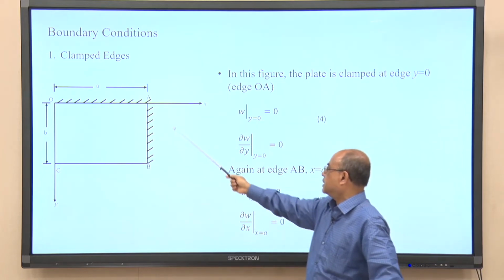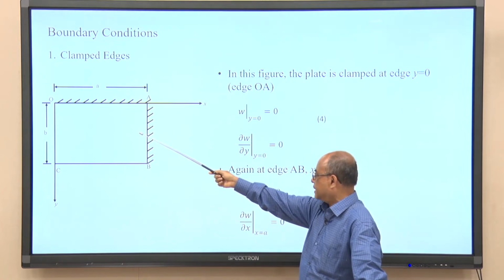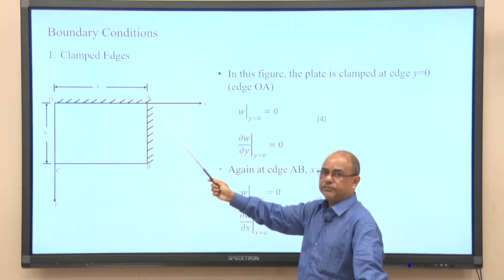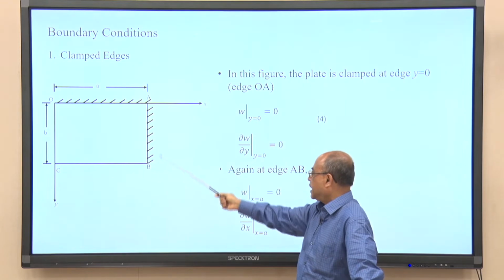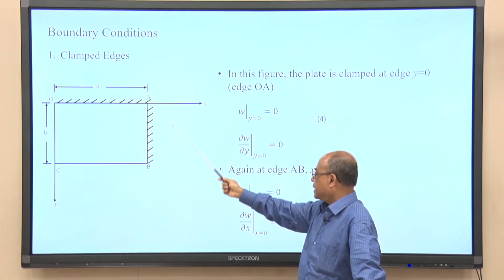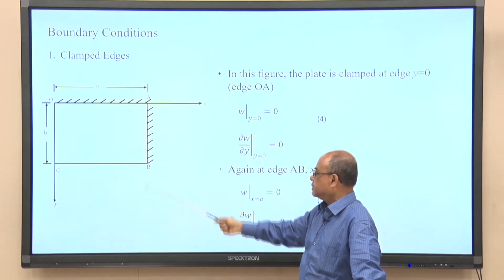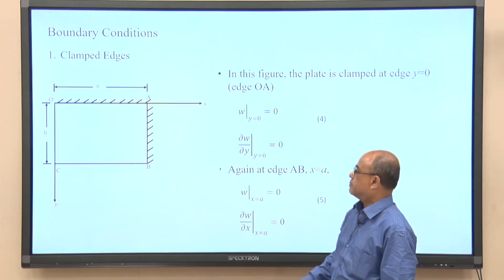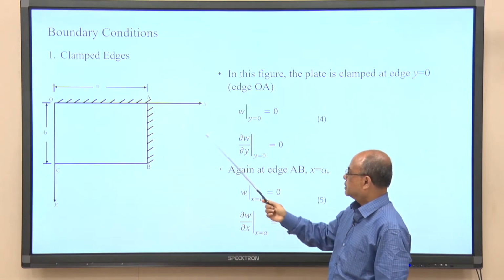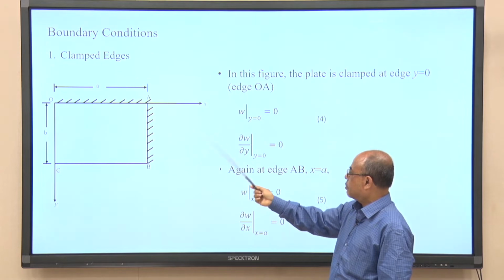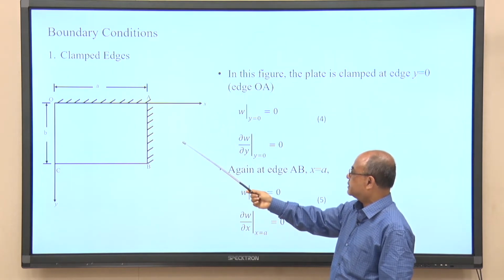So, that means it has a welded edge OA which represents the fixed boundary condition. Similarly, AB is also an edge which is welded. So, it represents a fixed boundary condition or clamped boundary condition. Now, the boundary condition on OA, I will specify.